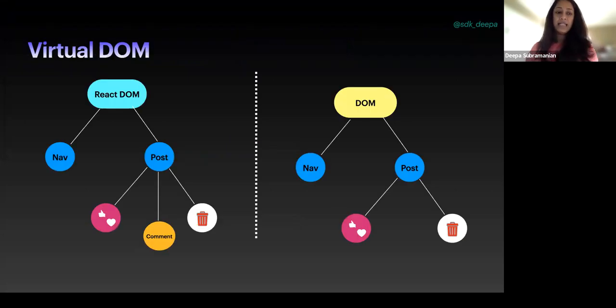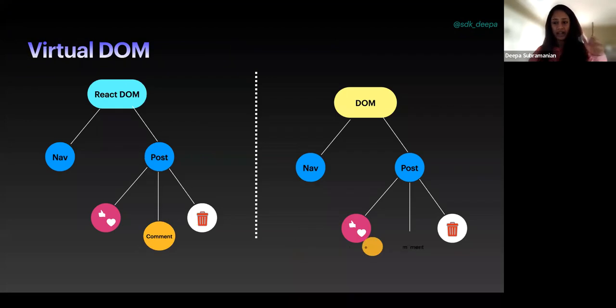So see, on the left is a React DOM. Imagine that you added a comment on Facebook here, right? The React DOM basically compares this comment element and its children to the previous one, and applies only the necessary DOM updates to bring the DOM to the desired state.